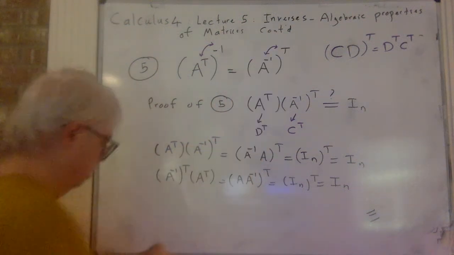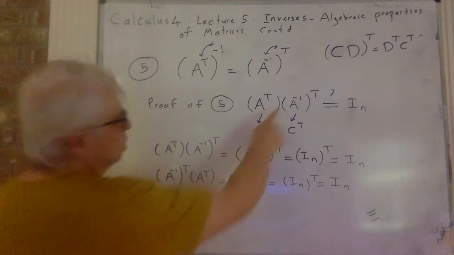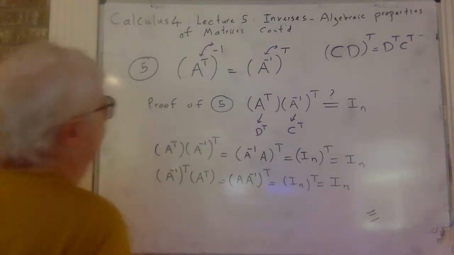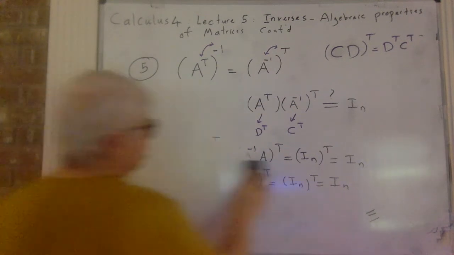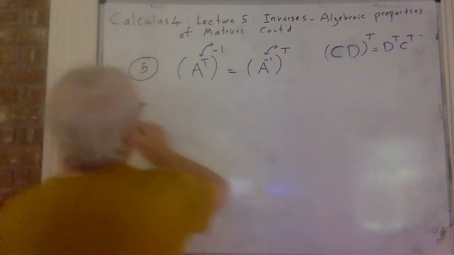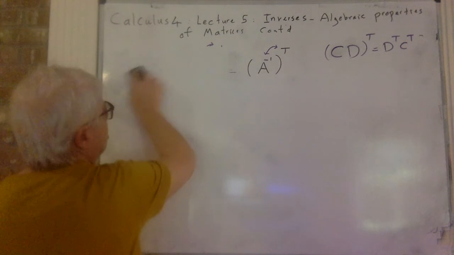It also tells me that if A has an inverse, then A transpose also has an inverse. This is one of the properties of transpose, and transpose is used a lot in mathematics, not just in algebra.